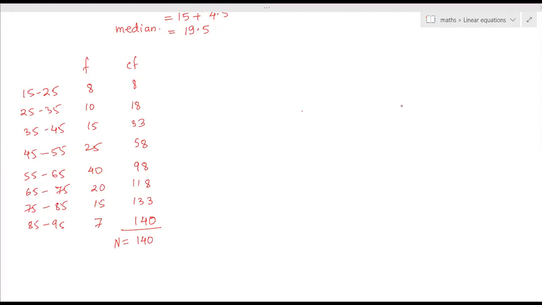How to find out median class? N by 2. What is n by 2? 140 by 2, that's 70. Okay.